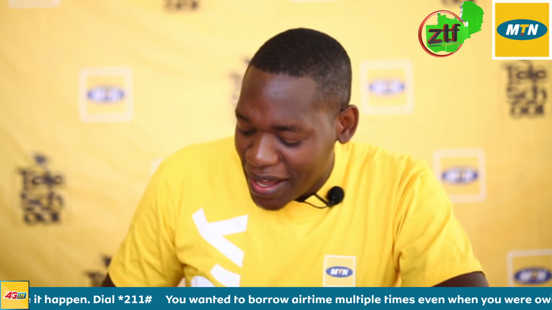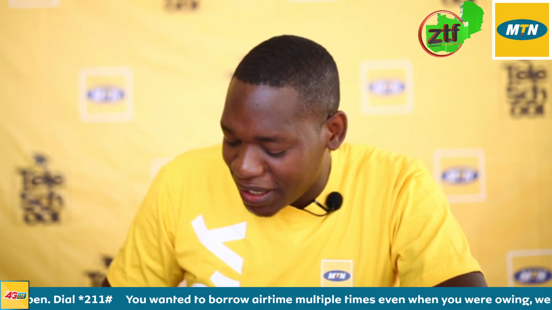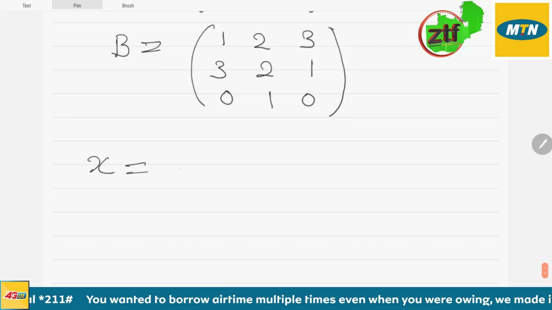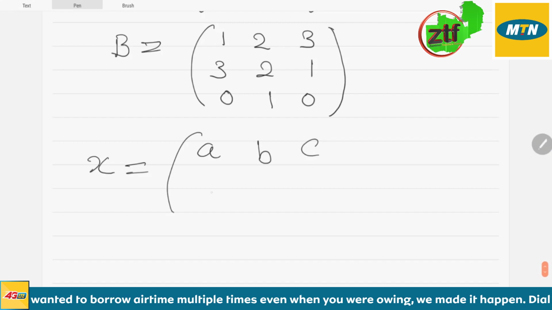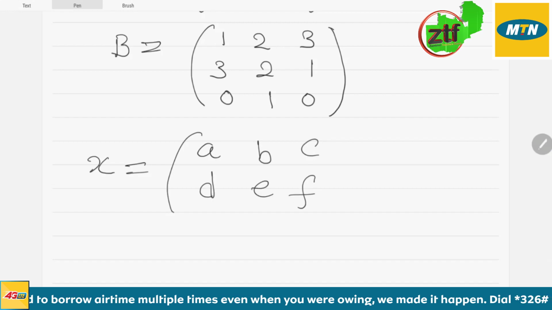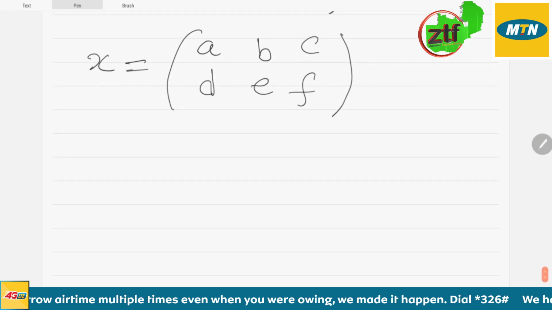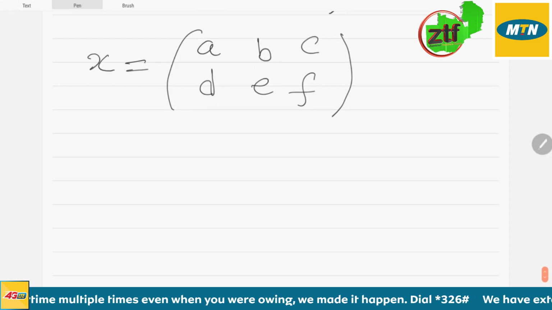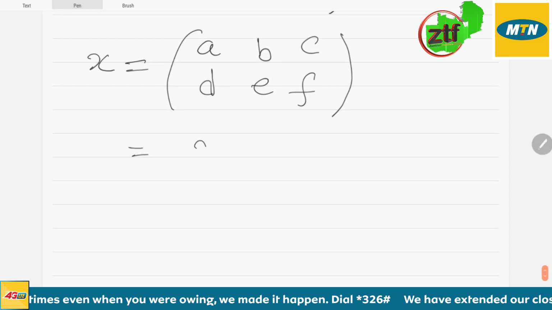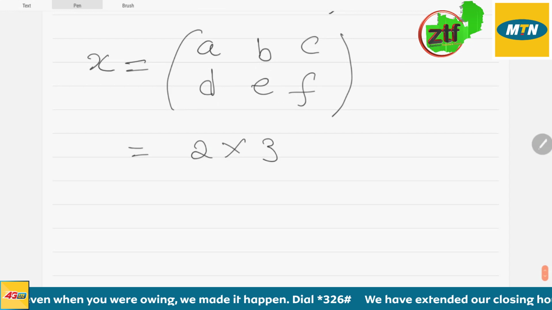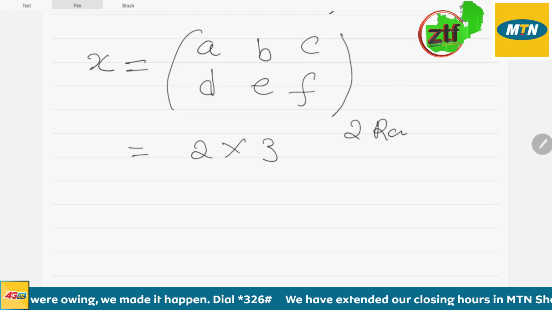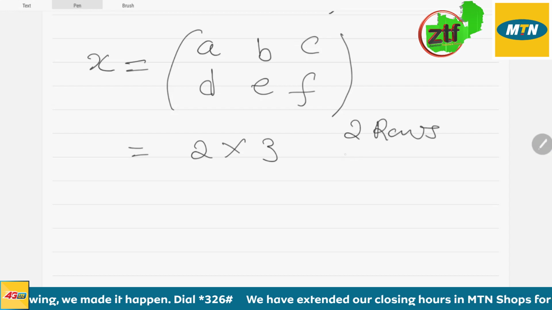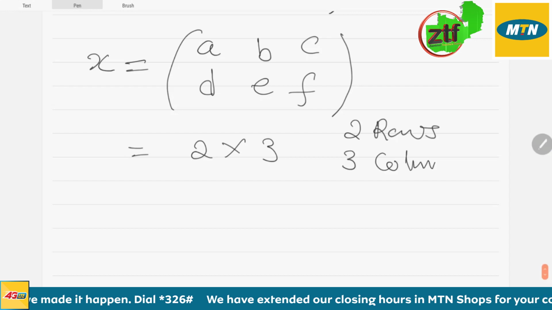Well, let's say you have been given matrix X with elements A, B, C, D, E, and F. The order of the matrix X is a 2 by 3 matrix. We have 2 rows and 3 columns.